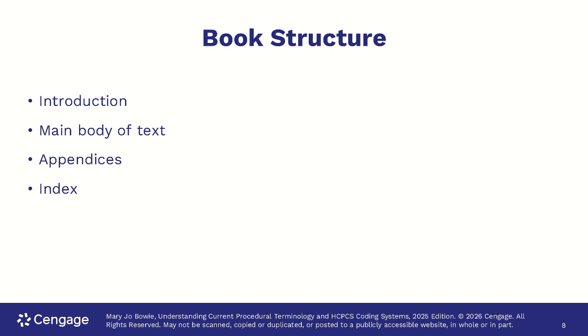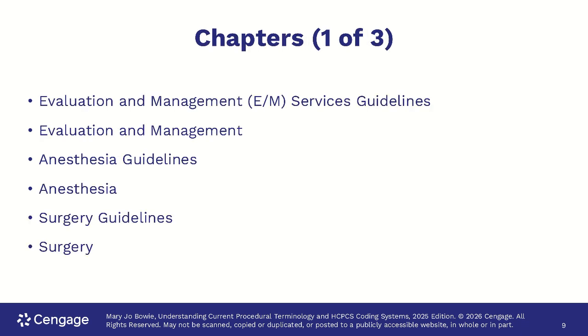But before you even get to that, there's an introduction to the manual itself. Then you have the core of the manual, the appendices, and the index. So I know you're thinking, whoa, the index is in the back? Yes. So unlike ICD 10 CM, ICD 10 PCS, the index for CPT is in the back instead of the front.